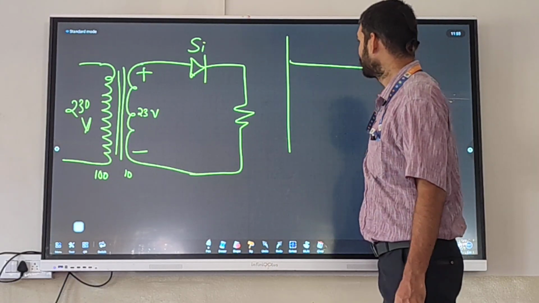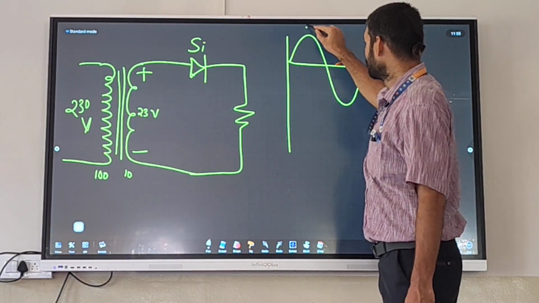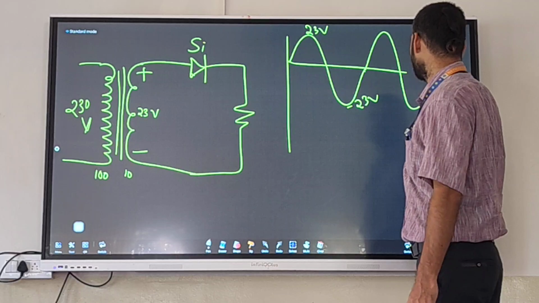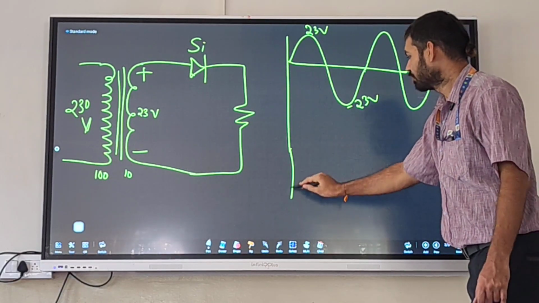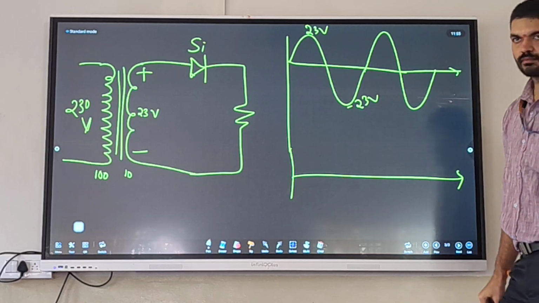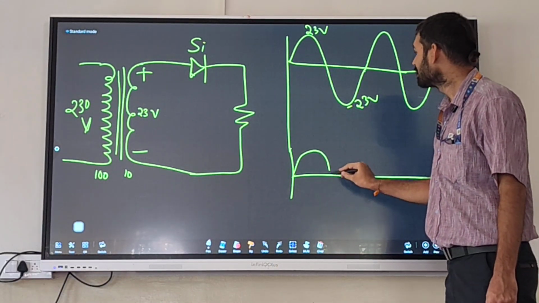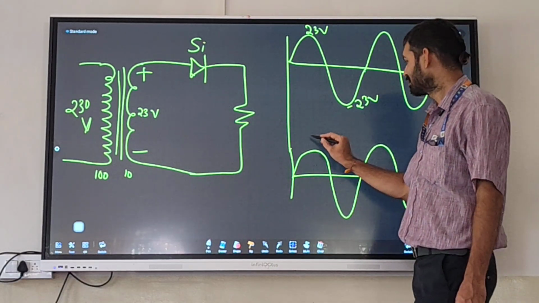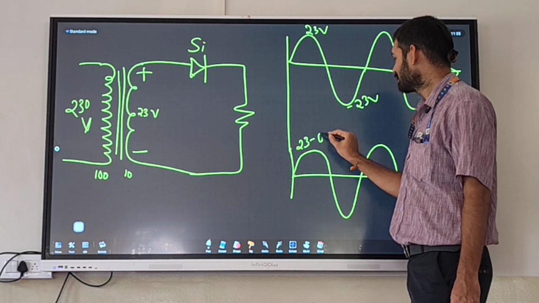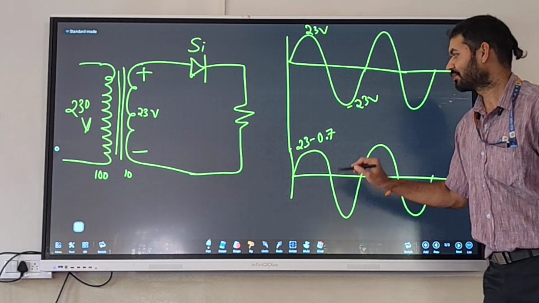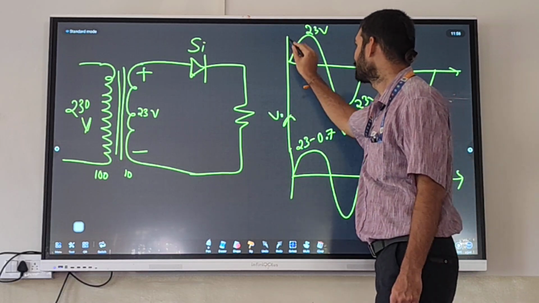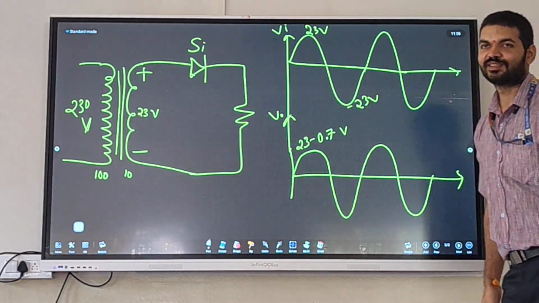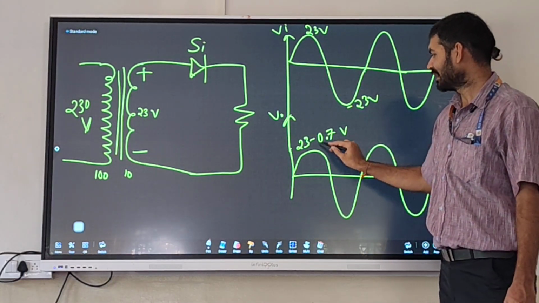So if I have 23 volts and minus 23 volts at the input, what output will come? 23 minus 0.7 volts. Why? Because of the diode drop. So I'll get the output 23 minus 0.7 volts.